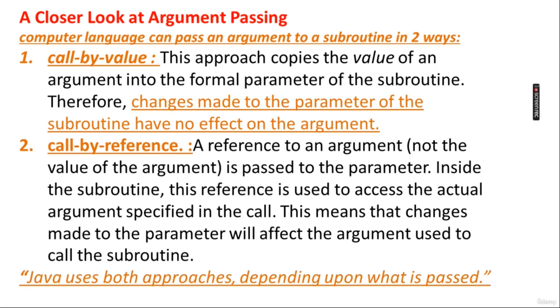Call by value operates only upon the value, which is a temporary thing, and reference is used to access the actual argument that is passed. This means that changes made to the parameter will actually affect the argument used to call the subroutine. And Java uses both approaches depending upon what is passed.